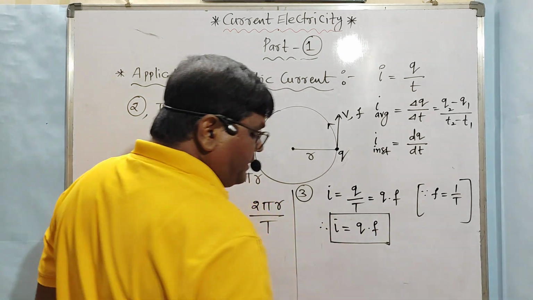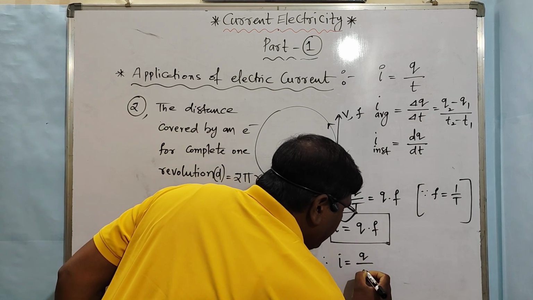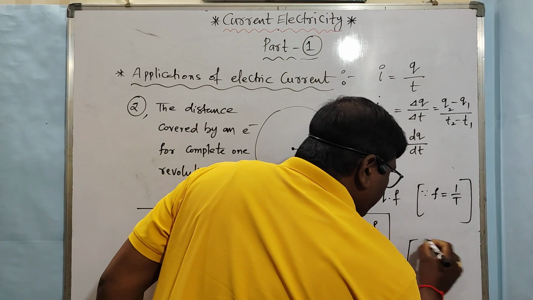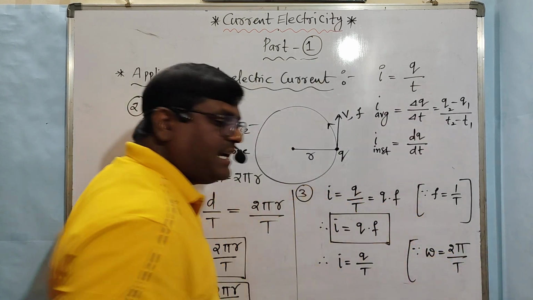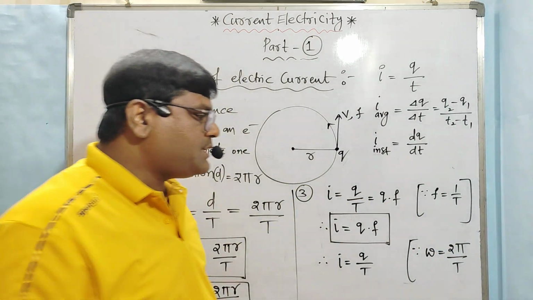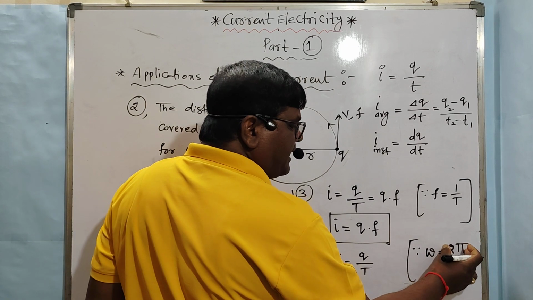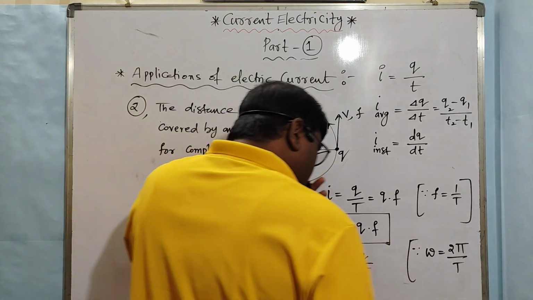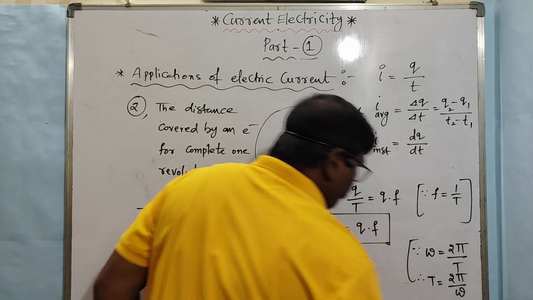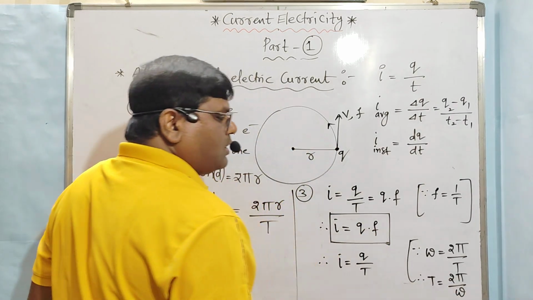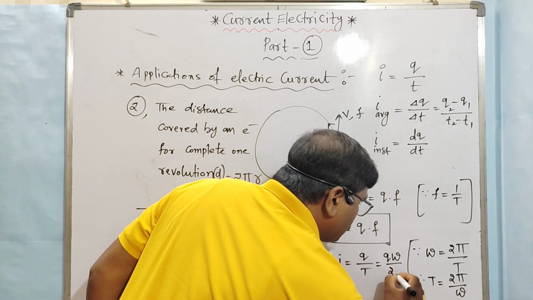Another way we can modify this: I is equal to Q by T. We know that omega is equal to 2 pi by T, the angular velocity of a charge in a circular path. Angular velocity is angular displacement by time, so omega is equal to 2 pi by T. Therefore T is equal to 2 pi by omega, and taking the reciprocal, I is equal to Q omega by 2 pi.